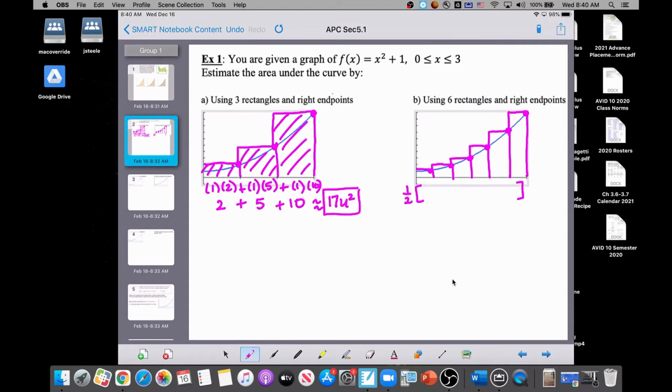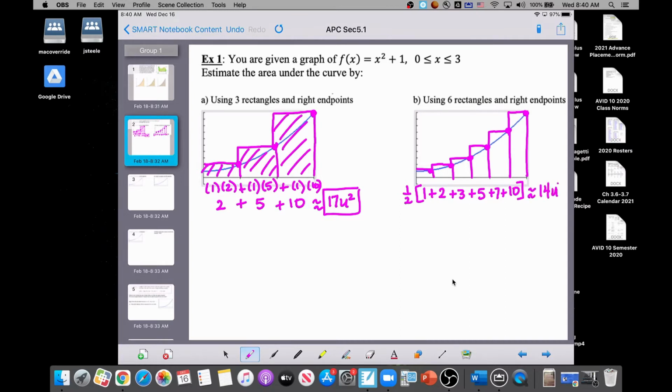The first rectangle has a height of 1. The second rectangle has a height of 2. The third rectangle has a height of 3. The fourth rectangle has a height of 5. The fifth rectangle has a height of 7. And the sixth rectangle has a height of 10. So you add those together, you get 28, and then you multiply by 1/2, and you get 14.